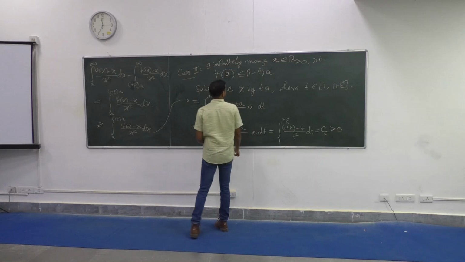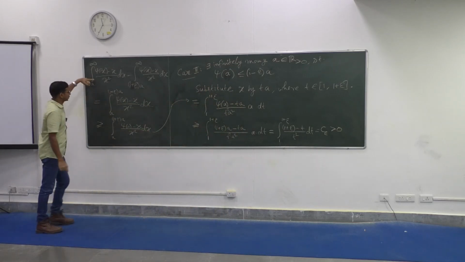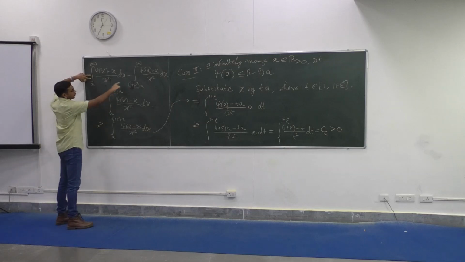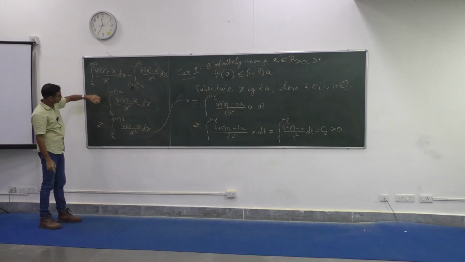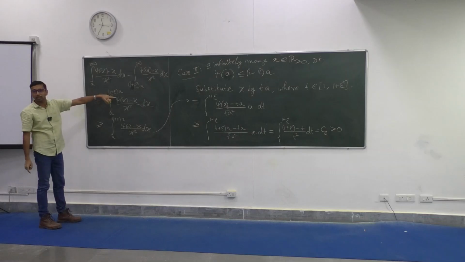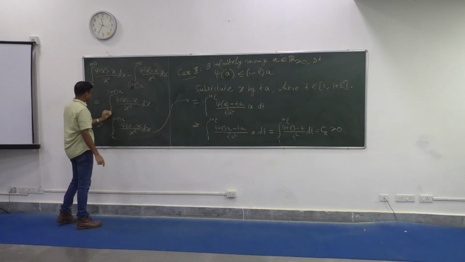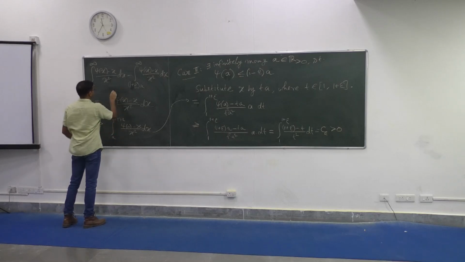And then again these two terms are going to 0, and we are now considering this integral, but the limits should also change. In the first case we integrated from a to 1 plus epsilon a, and now we integrate from 1 minus epsilon a to a.